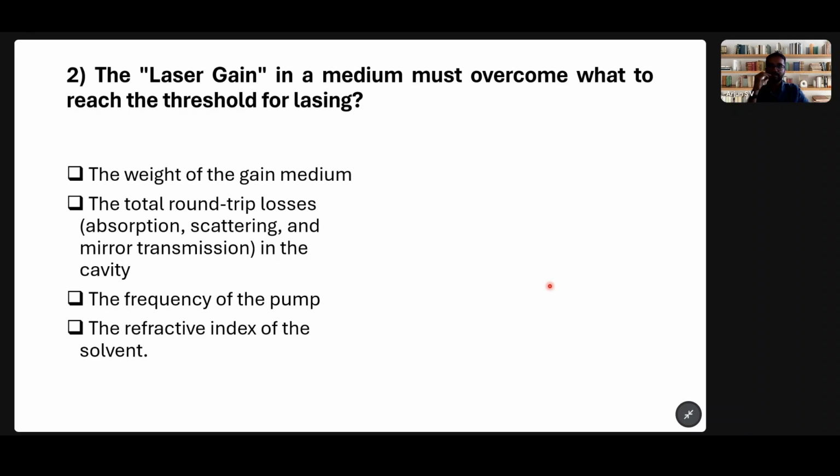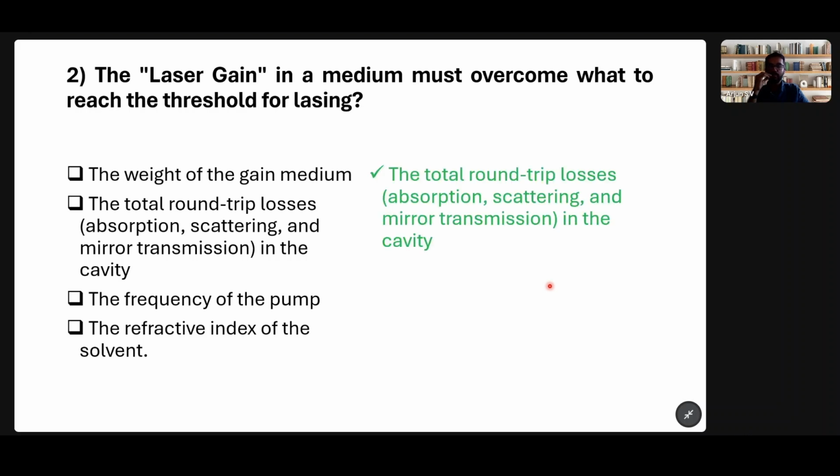The answer here, we all know, is related to the round trip loss, because there are two mirrors and the mirrors will not reflect the light completely. So it will undergo some loss, and minimizing the loss will help in achieving more gain. So the answer is option 2, total round trip losses.